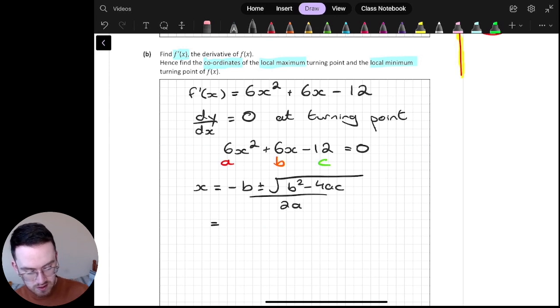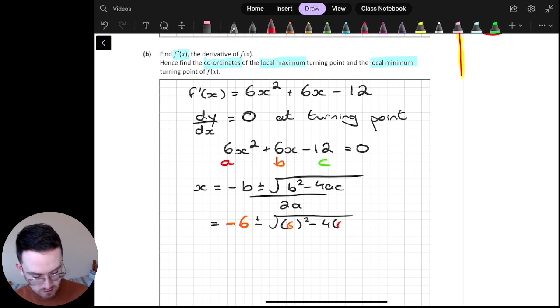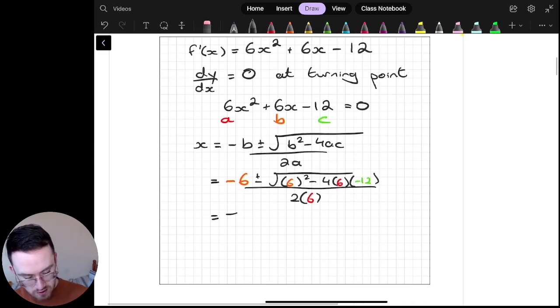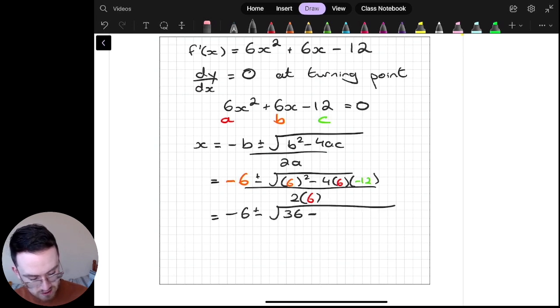Then we sub in accordingly, so that's going to become minus 6 plus or minus the square root of 6 squared minus 4 by 6 by minus 12, and that's all over 2 by 6. Now simplifying that a little bit more to give us less work in our calculator, we can work out 36 minus 4 multiplied by 6 multiplied by minus 12.